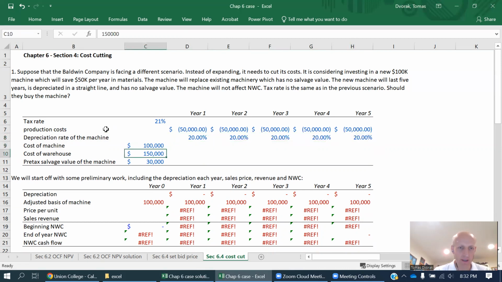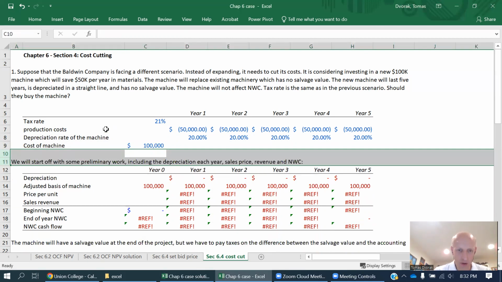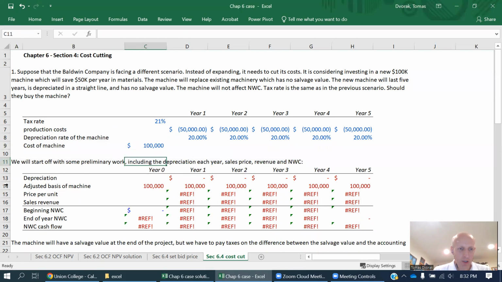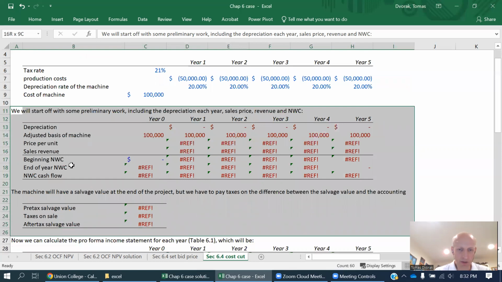Cost of the machine is still 100K. There's no warehouse, there's no pre-tax salvage value, so we can delete those rows. We actually don't need this table either, because we don't need to calculate basis, we don't need to calculate net working capital. So let's delete all that. Same thing with the salvage value.